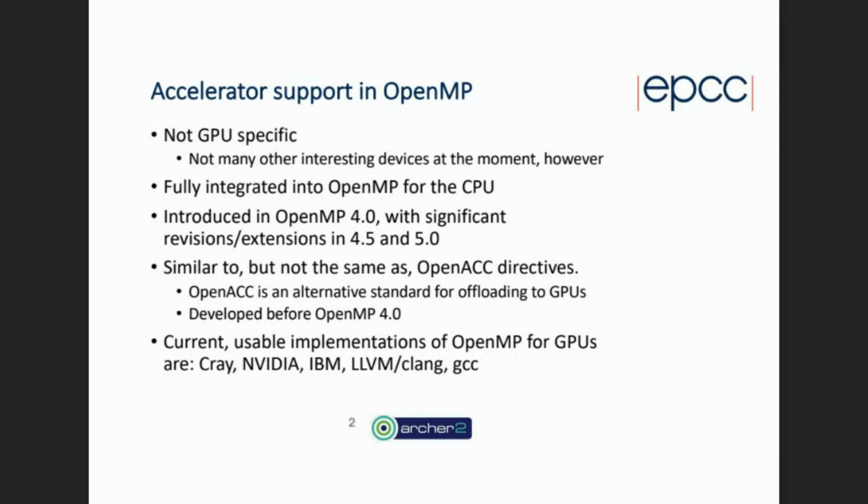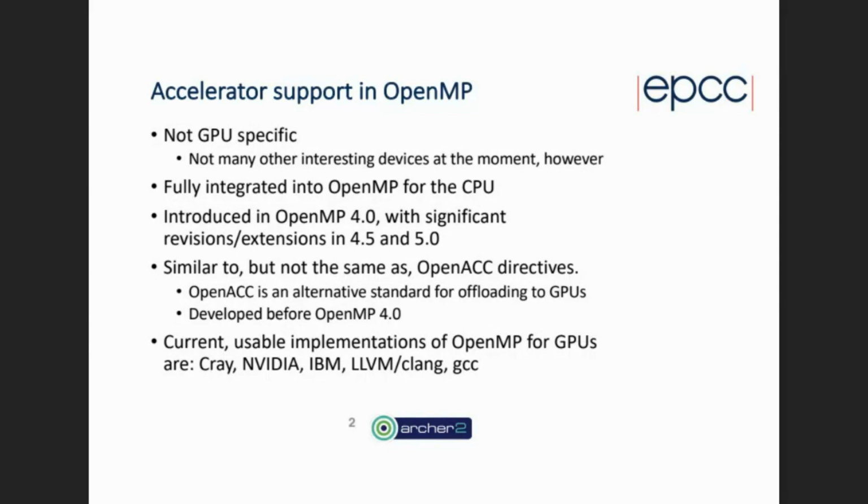The syntax is all different, and some of the details are different, but anything you can do in one, you can do in the other. There are now more compilers supporting OpenMP offloading than there are supporting OpenACC. But some of the OpenACC ones have been around for longer, so they are perhaps better optimized. So you take your choice.